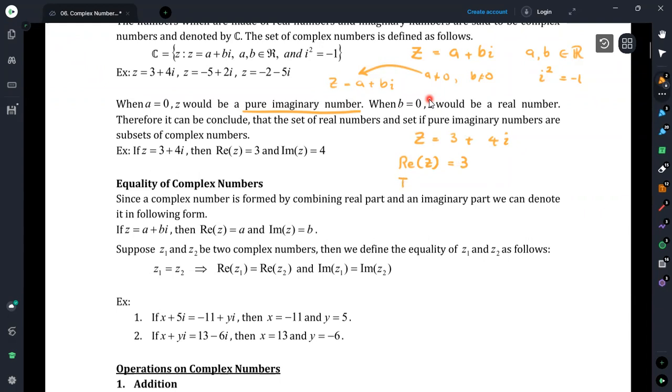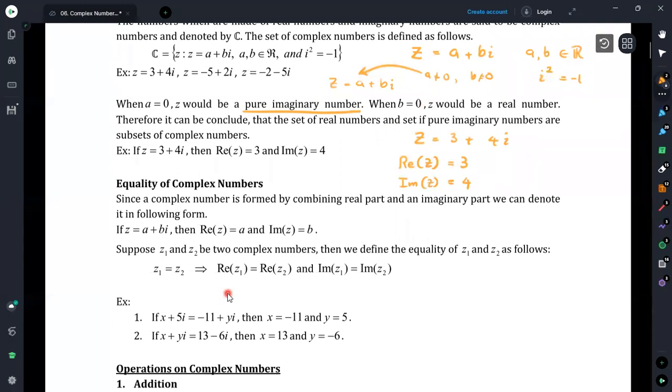If we need the imaginary number associated with this complex number Z, then we can get the imaginary part of Z equals plus 4. This is how we define the real part of Z and the imaginary part of Z, and here we got them as 3 and 4 respectively.